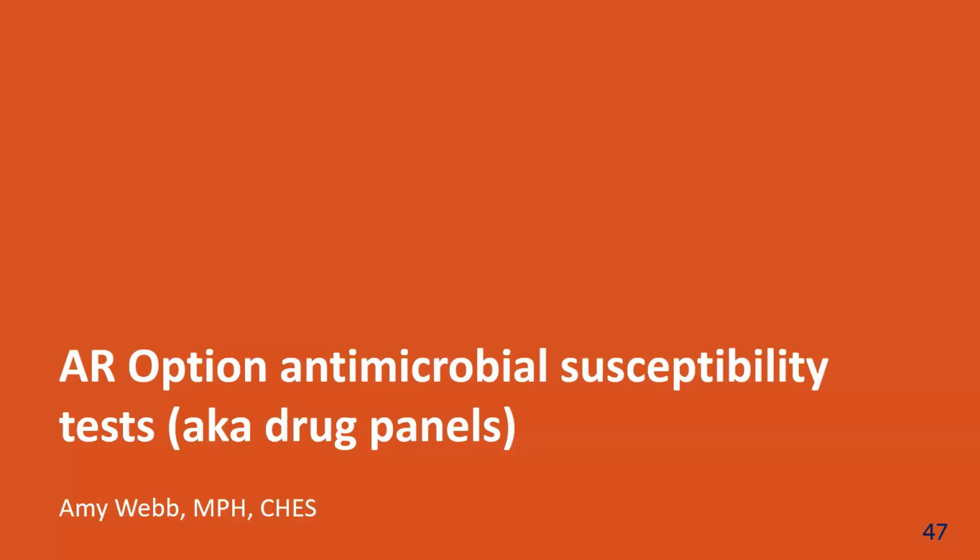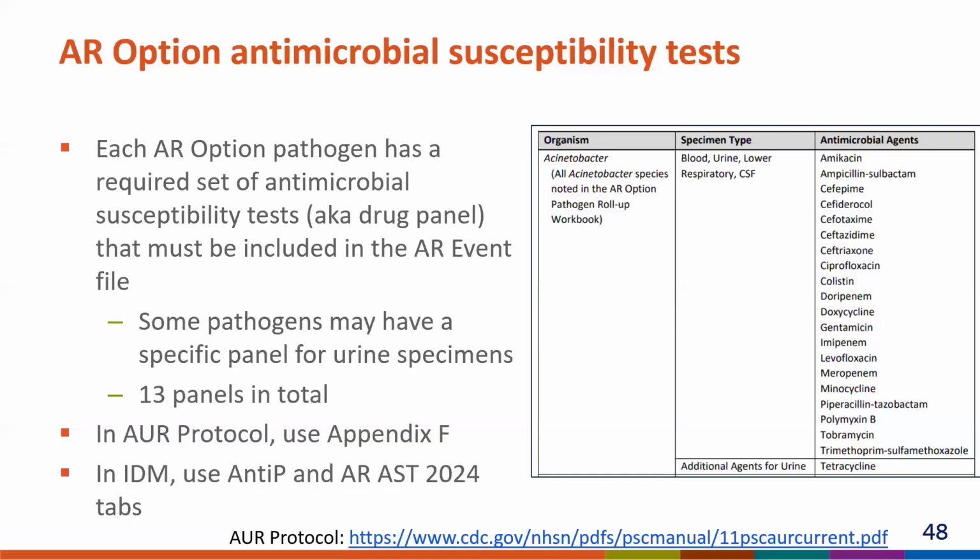Okay. So now we're going to talk about the antimicrobial susceptibility tests, also known as drug panels. Each AR option pathogen or organism has a required set of antimicrobial susceptibility tests, aka the drug panel, that must be included in the AR event file.